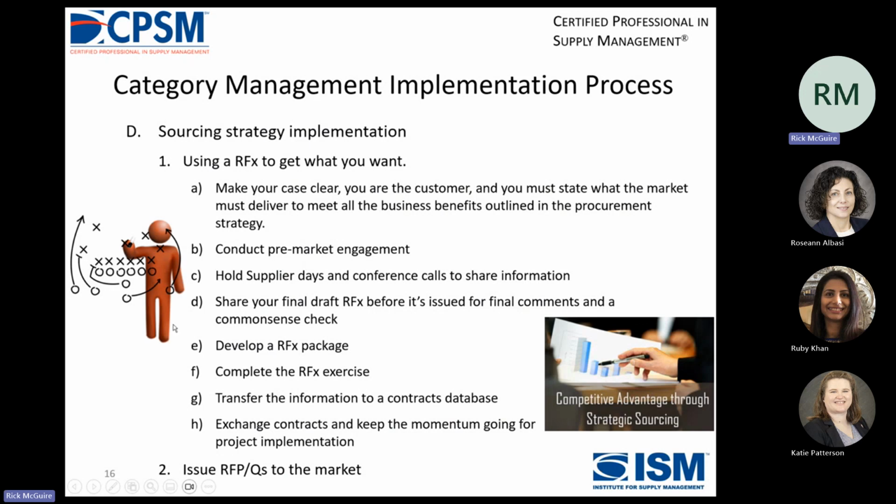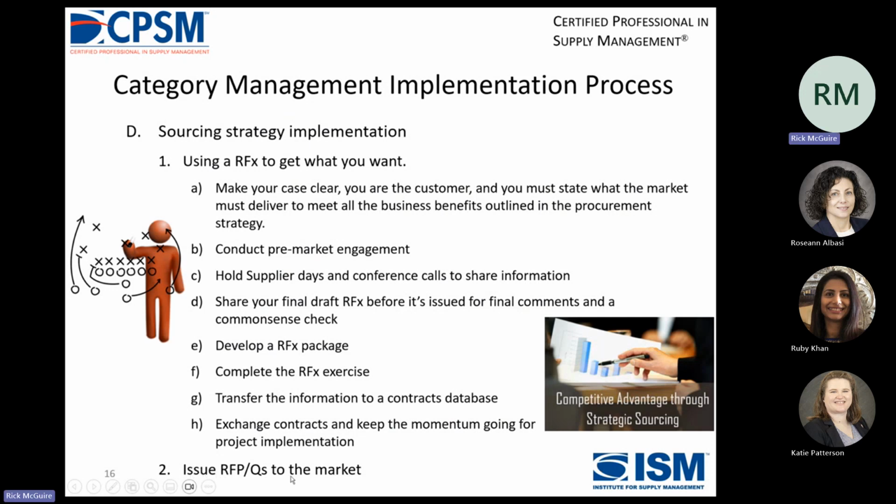State what the market must deliver, conduct pre-market engagement, hold supplier days, show your final draft, develop the package, complete the exercise, transfer the information to the contracts database, and exchange contracts and keep the momentum going for project implementation.